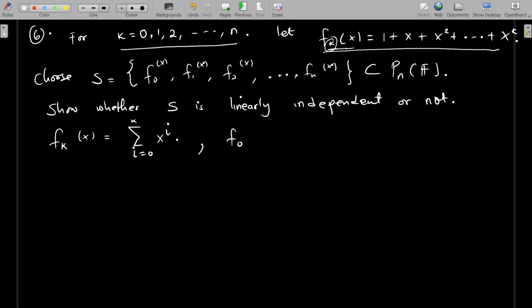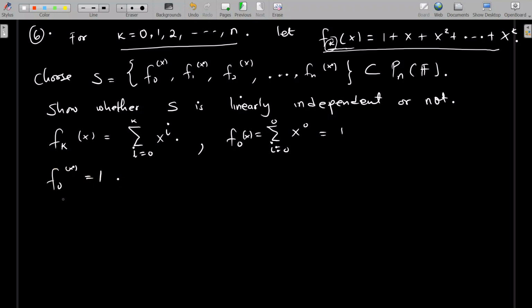So f sub 0 is k is 0, so it's going to be the summation i starting from 0 to 0, and then x to the 0. So you just move one step. i equals 0, and that is the end. x to the 0 will give me 1. So f sub 0, or the 0 degree polynomial here, is actually equal to just 1.